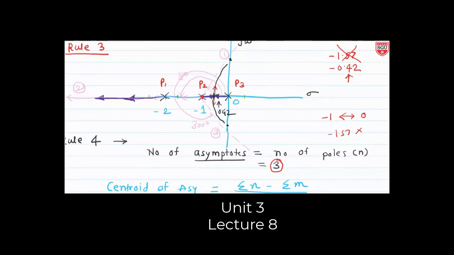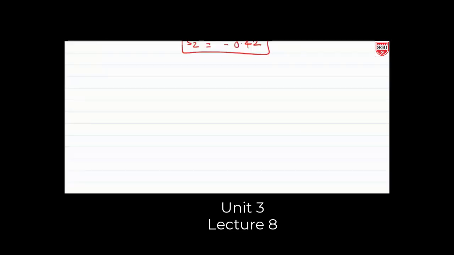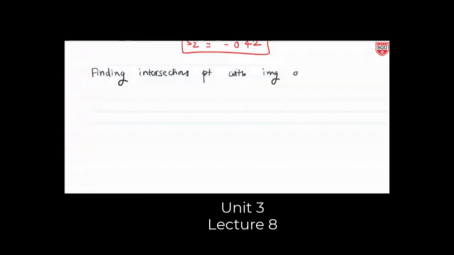So where those points will cut the imaginary axis, that intersection point we have to find out. That is finding the intersecting point with the imaginary axis. So for that we have to apply the Routh's criteria.